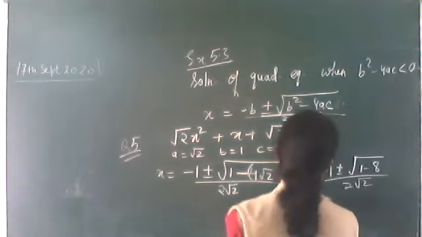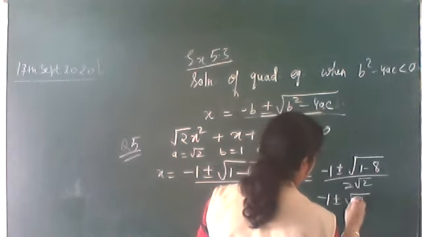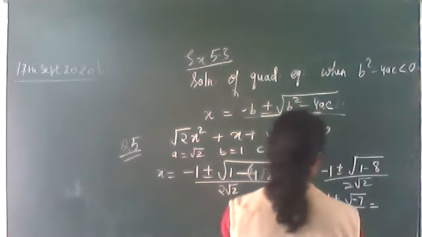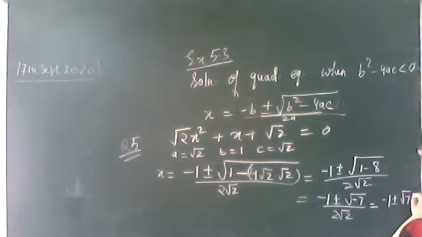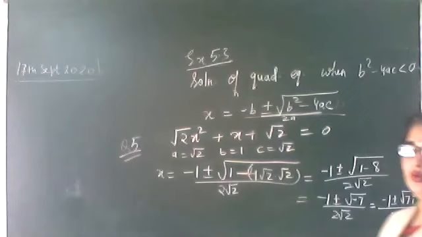This can be written as minus 1 plus minus root of minus 7 upon 2 root 2, which again can be written the same way. Minus 7 means root 7 iota. So minus 1 plus minus root 7 iota upon 2 root 2. Clear?